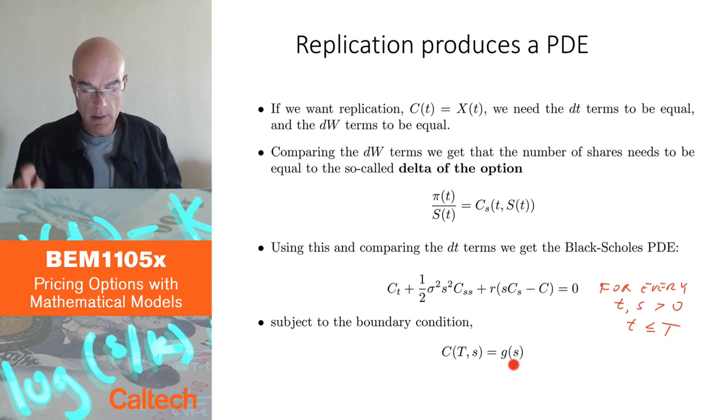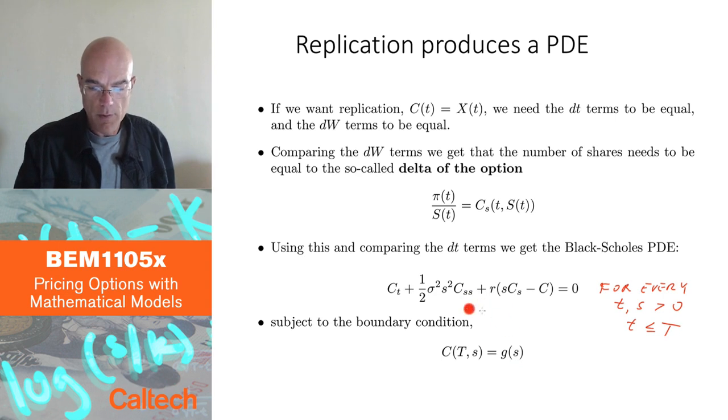It has a kink. However, before maturity, all of these derivatives exist. And that's their famous formula. It's the formula for the solution of this partial differential equation with the boundary condition where g of s is the call option payoff. The partial differential equation is always the same. For every g of s, the solution changes because you change the boundary condition, this terminal condition at maturity.